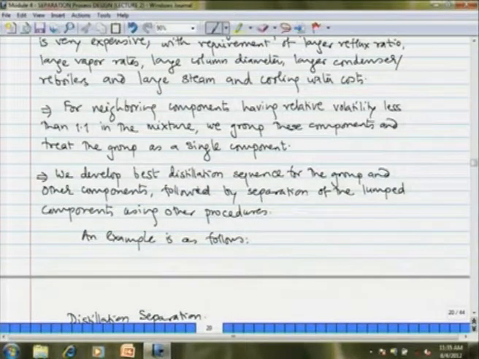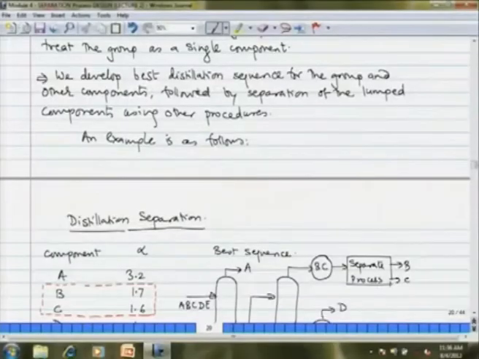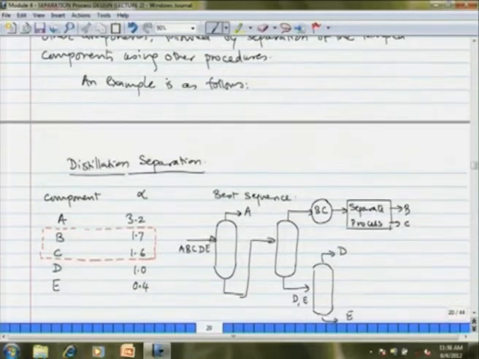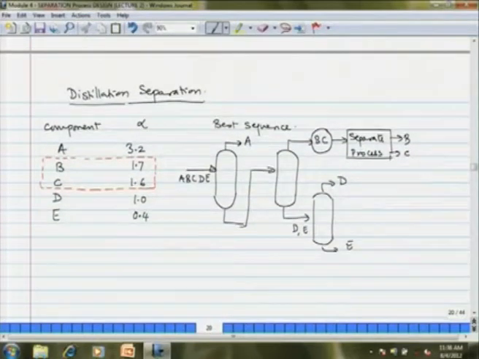If the relative volatility is less than 1.1, you treat that mixture of components as a single entity, try to remove all other things, and once everything is removed, then you try to split that mixture. We have to develop the best distillation sequence for the group and other components, followed by separation of the lumped components using other procedures.